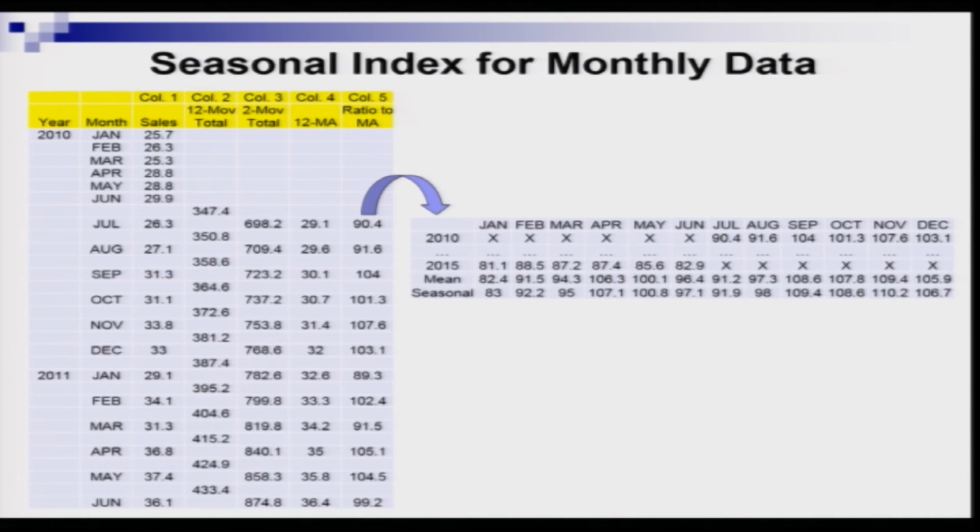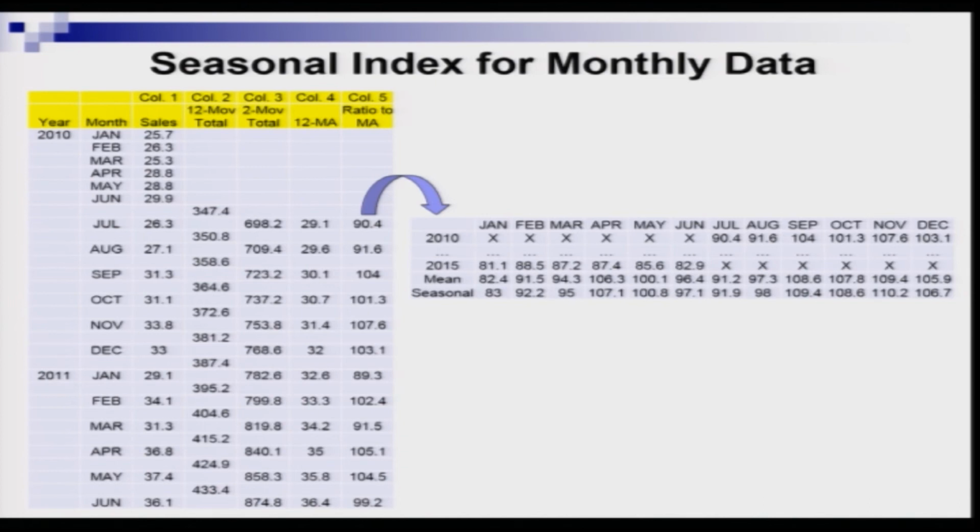So in column 3 we are now calculating the 2-point moving total. What to do for that? You first take the first two numbers, 347.4 and 350.8, and take the sum, which is 698.2, and then you place it in the middle of these two, against the month of July.